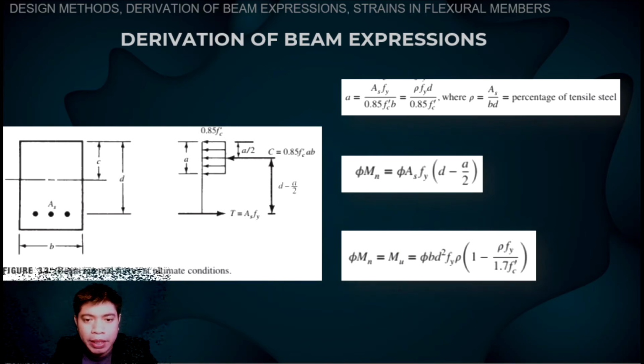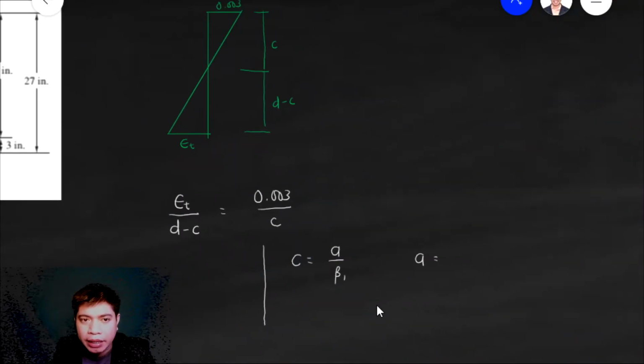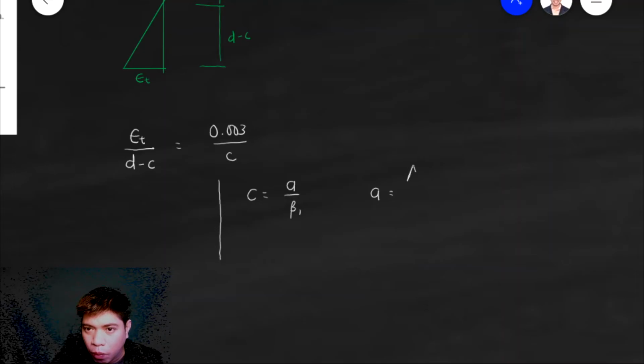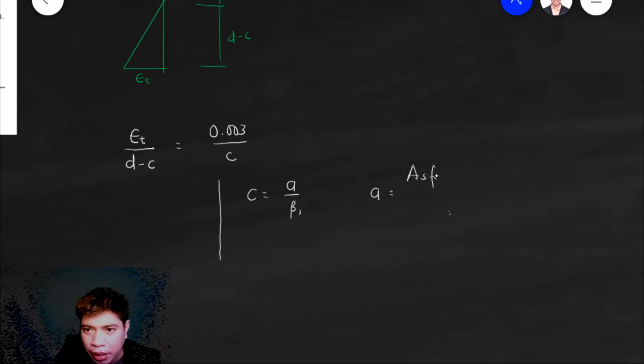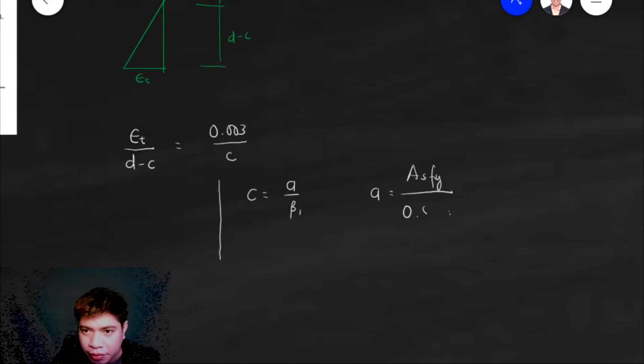So, ayun. So, balikan natin para i-compute nga si a. Okay? So again, a natin is equals to As fy over 0.85 f'c b.